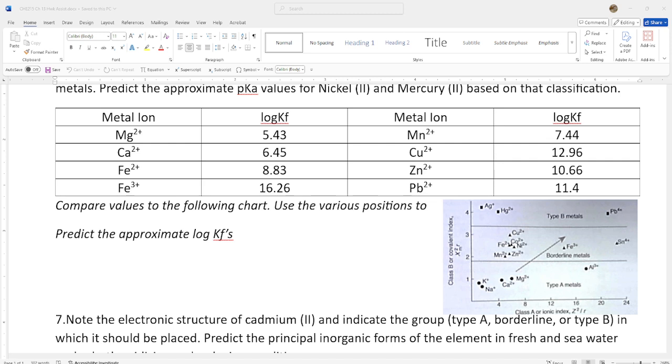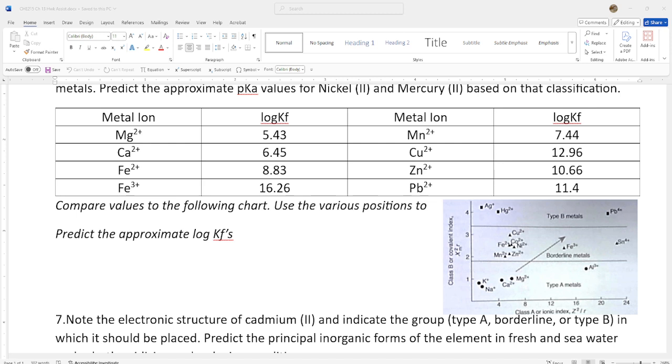And I think zinc is going to be somewhere between copper and zinc and whatnot. So it's actually probably close to 12-ish. 10-ish, 12-ish.